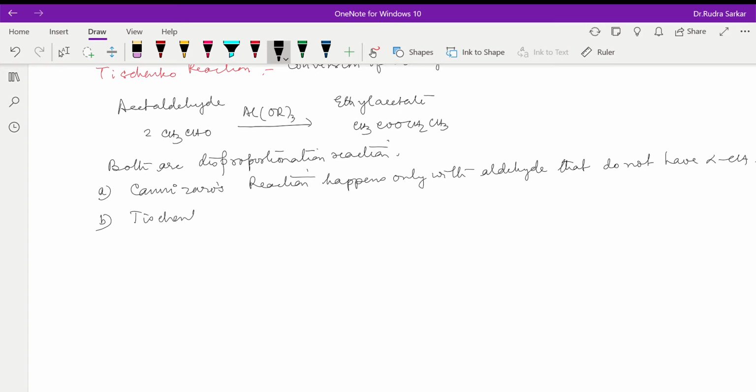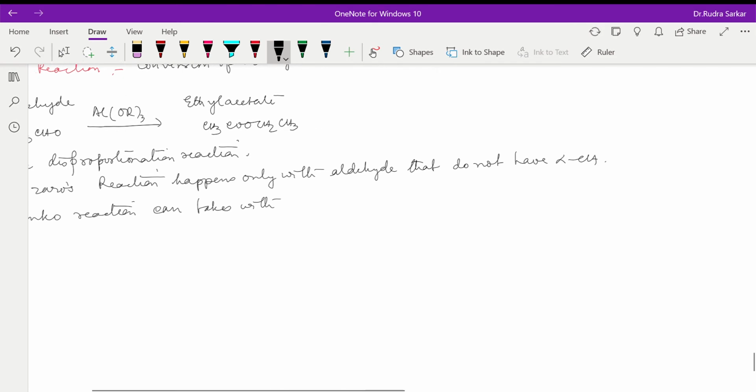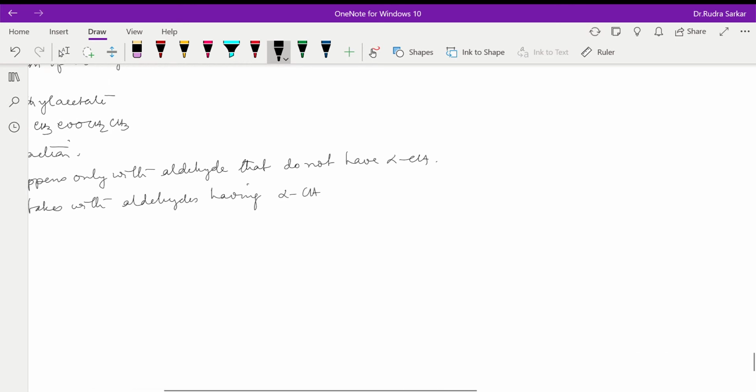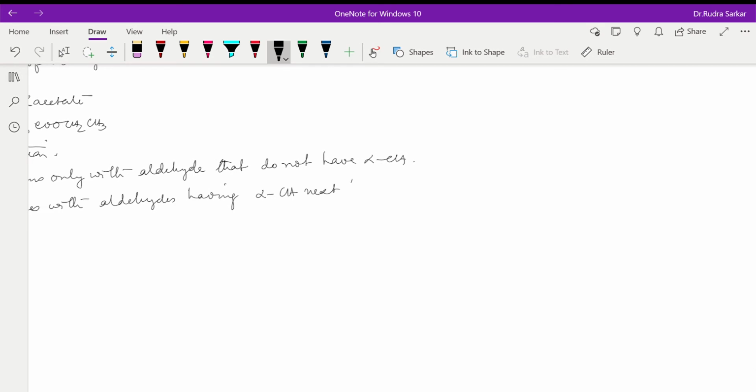Tishchenko reaction can take place with aldehydes having alpha CH next to carbonyl. Okay.